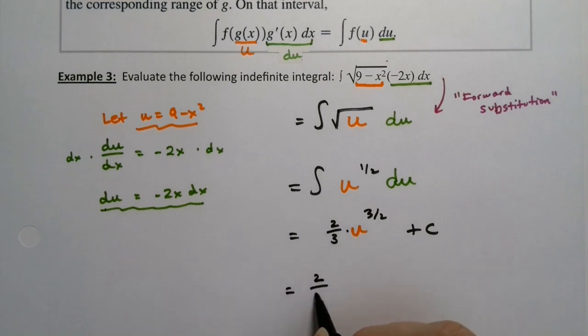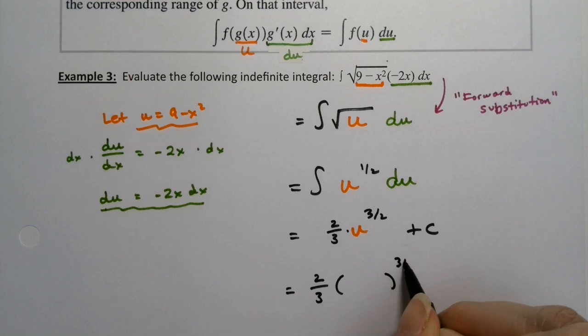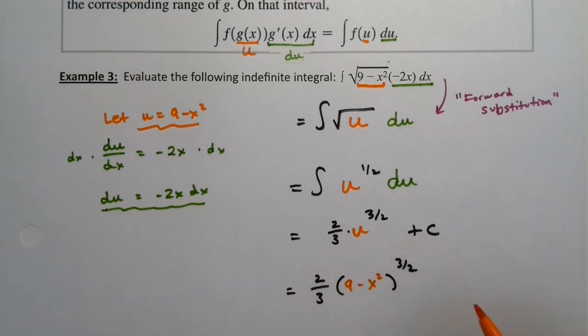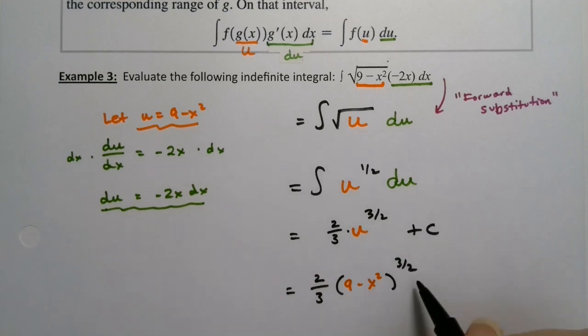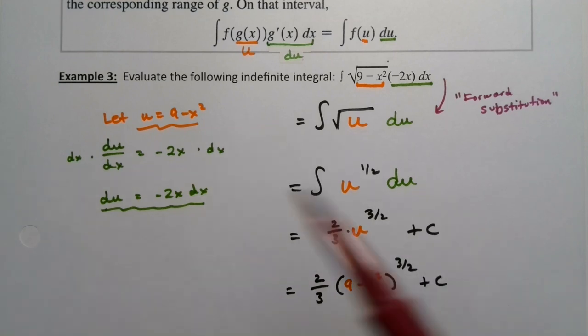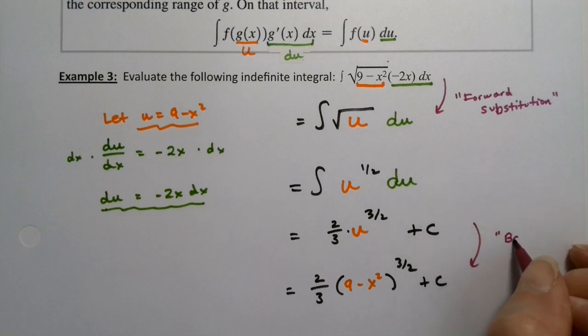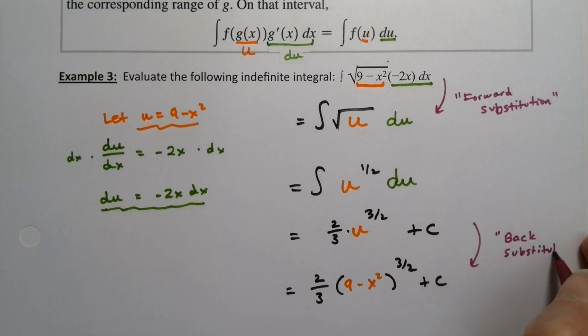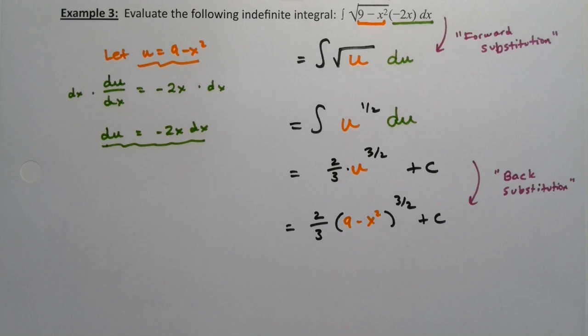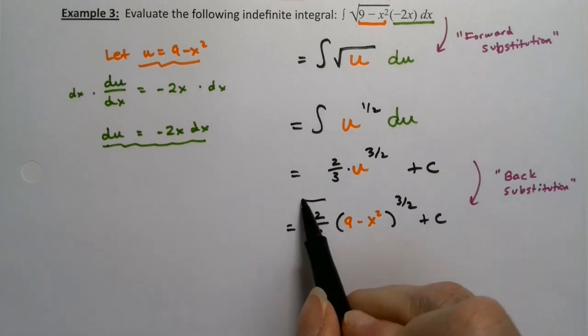So you have to write 2/3, and where there was a u, you now put back in what u was, which is called back substitution. So if that was forward substitution, this is called back substitution. You're substituting back in the u. And that's the answer. We're done. Right here.